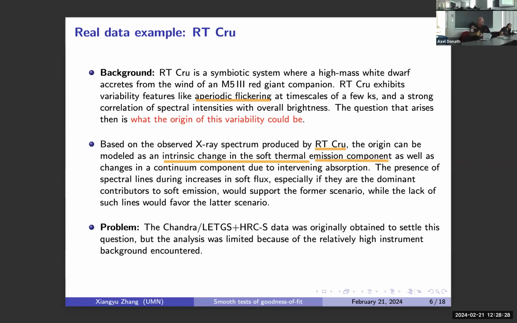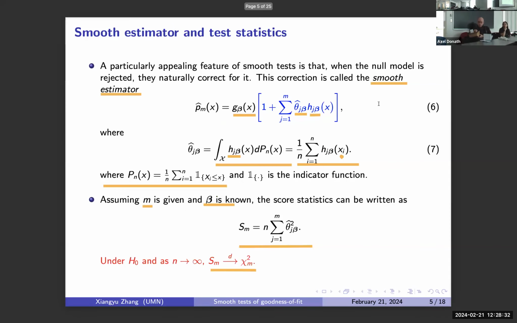Can you go back to the previous slide? I was thinking about your test. I feel like you will lose quite a bit of power the way you set it up. For example, let's say only one of the coefficients is non-zero and M is large.